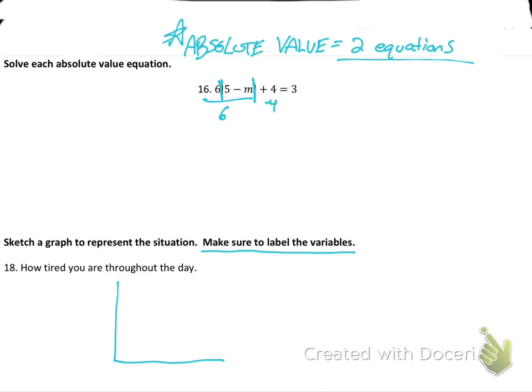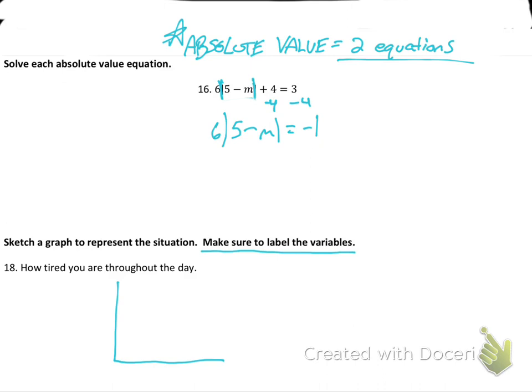I'm going to subtract 4 on each side. Let's just say I did that first step a little too early, so let's say I started with subtracting 4 on each side. I'm going to get 6 times the absolute value of 5 minus m is going to be equal to -1.